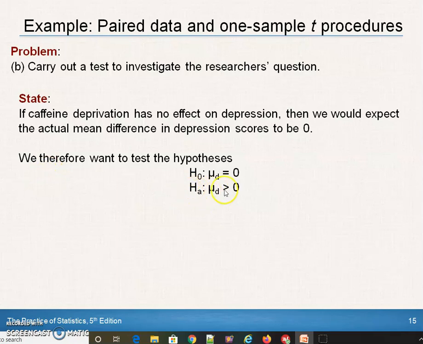The alternative is greater than 0. I guess it's the caffeine minus the placebo, should be more positive values, and that's why we did it in that order, to make sure that this would be greater than 0 instead of less than 0.